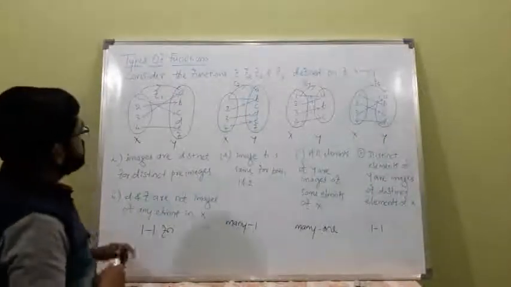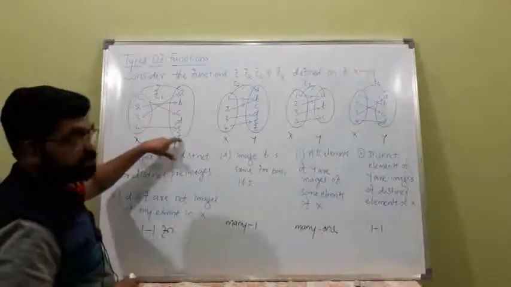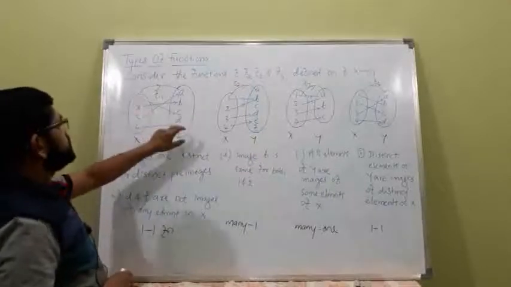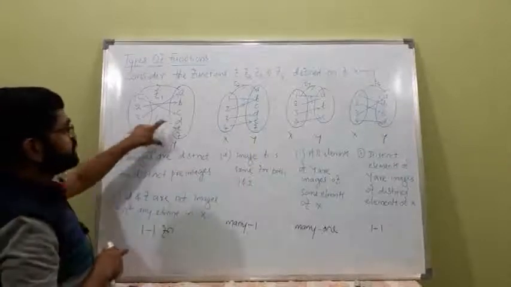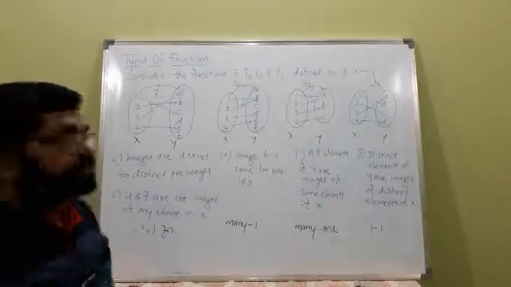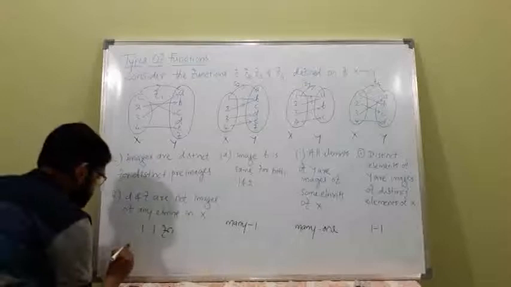Now here, not every element of the codomain has a pre-image in X. D and F are not the images of any element, so it is not onto.